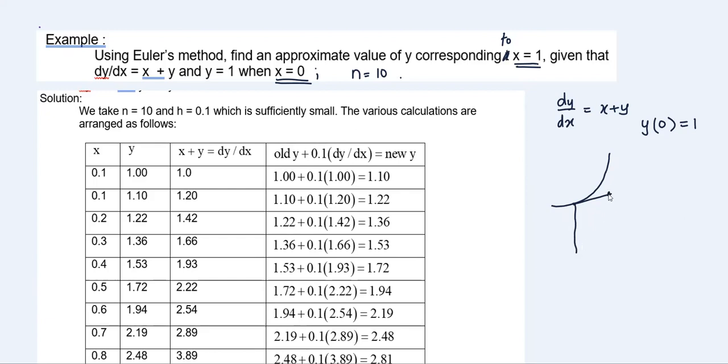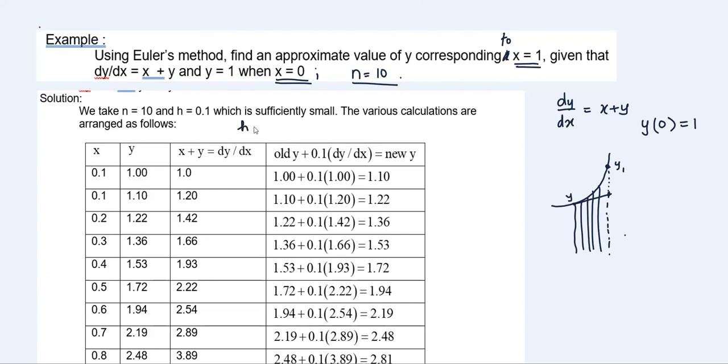According to me, this should be y1, but in the real actual function, this will be the value of y1. So then there'll be a big error. That's why we divide this into a number of intervals. Between x equal to 0 and x equal to 1, let us say I am taking 10 intervals, n equal to 10. That means 10 substeps.